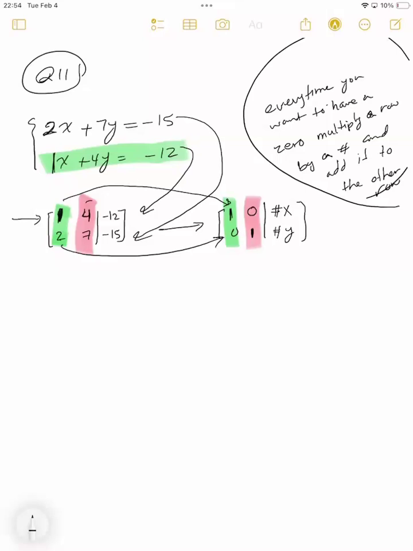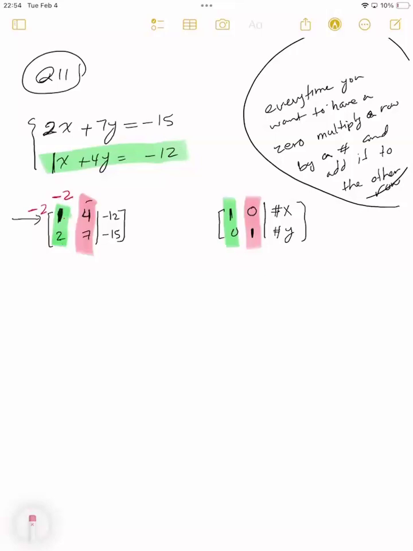So I want to turn this 2 to 0. I multiply the first row by negative 2. So I get negative 2 times 1 is negative 2. Negative 2 times 4 is negative 8. Negative 2 times negative 12 is positive 24.